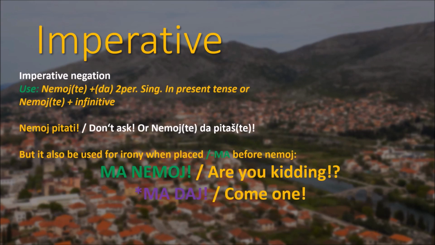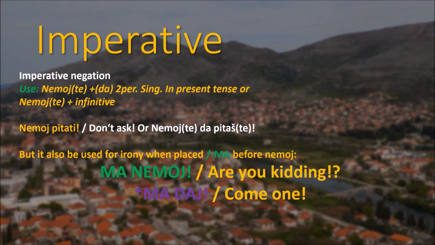Another thing we can also use is "nemoj", like don't. "Nemoj" plus "da" plus the second person singular in present tense, or you can also say "nemoj" plus infinitive. So "nemoj pitati", don't ask, or you can say "nemoj da pitaš", don't ask.